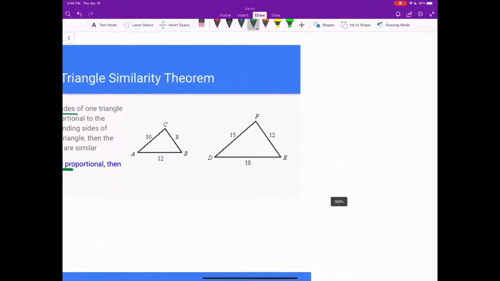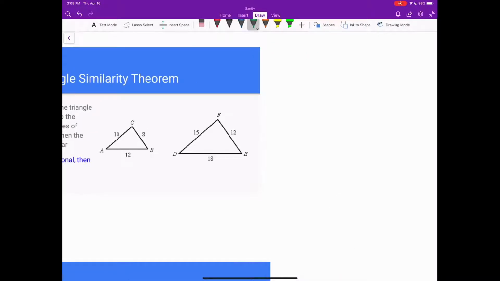So I'm going to set up these proportions off to the side. I'm going to look at 15. Its corresponding side length over here is going to be 10. This 12 and 8, so 12 over 8. Again, I'm kind of going from this triangle over to this triangle, right? So I'm keeping these ratios consistent. And then this 18 over 12.